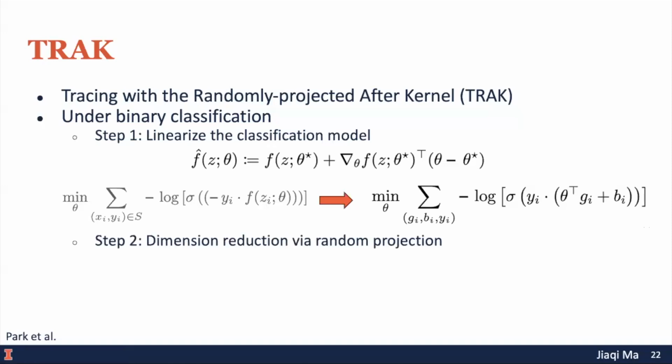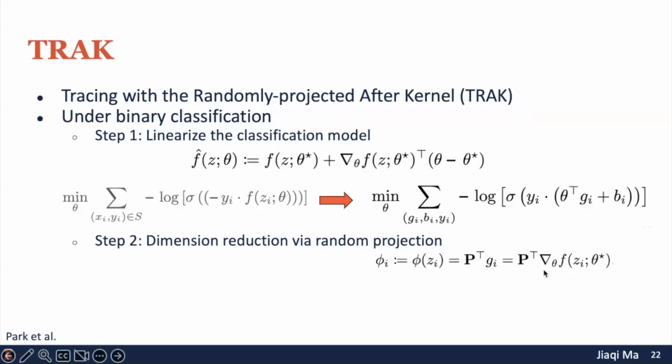Then in the second step, when we have a neural network model, the dimension of the gradient vector g_i can be very large. So in the second step, the TRAK method further applies a dimension reduction on the gradient vectors g_i by a random projection to improve computational efficiency.